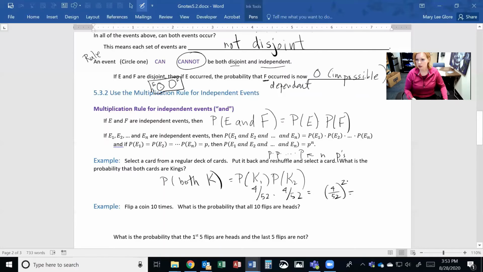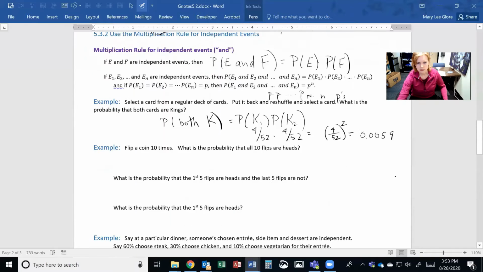That ends up equaling 0.0059. So is that unusual? Yes, this is less than 5%. This little 0 here is less than 5. Therefore, this is unusual. So it'd be unusual to pick 2 kings in a row.